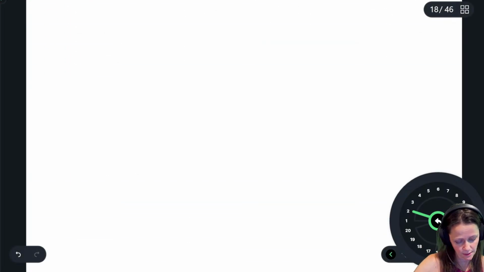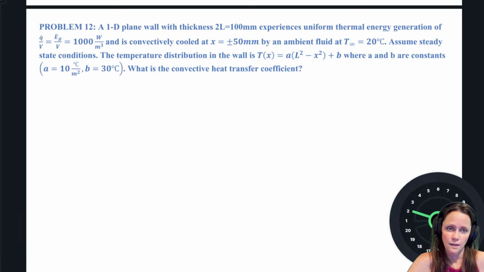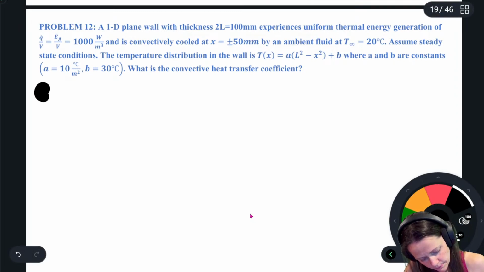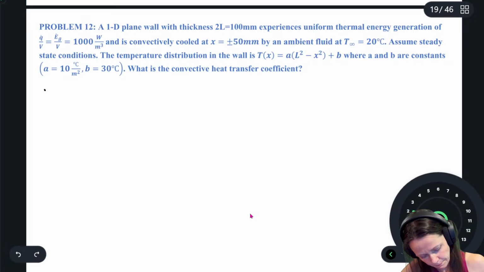Okay. So let's go to problem 12. All right. So problem 12, we have a one-dimensional wall with thickness of 2L. So let's draw.